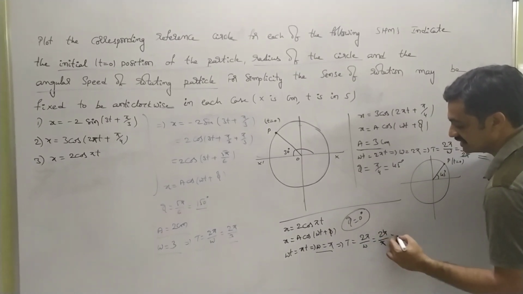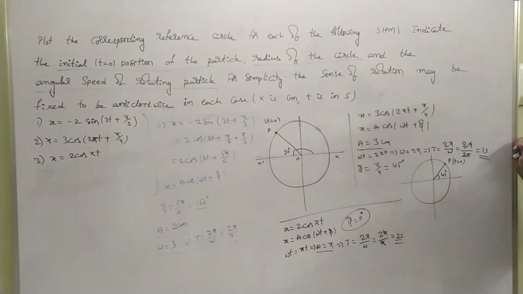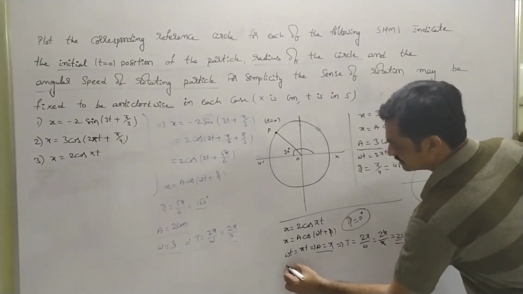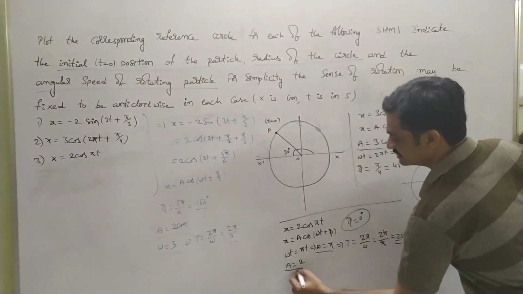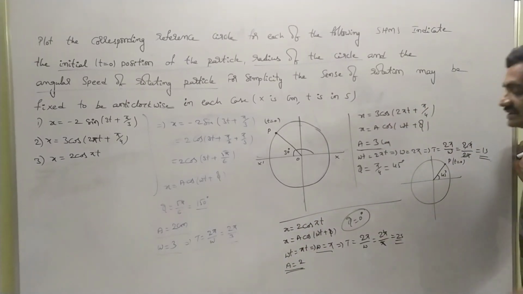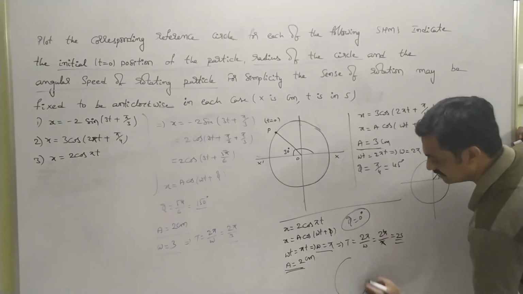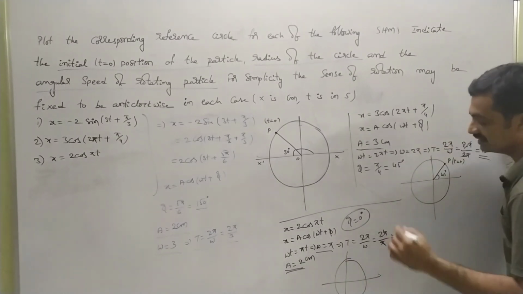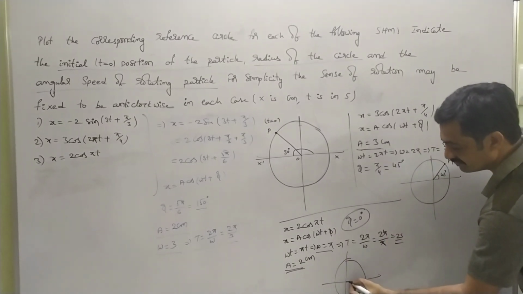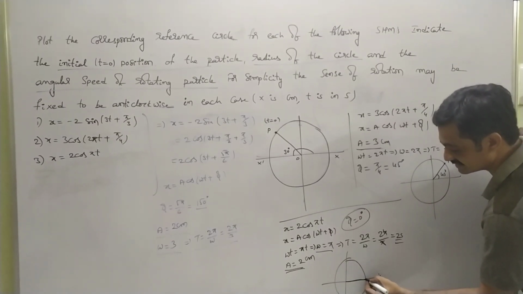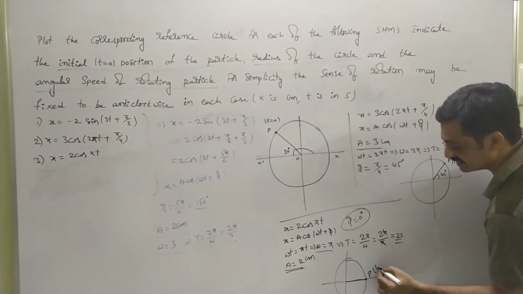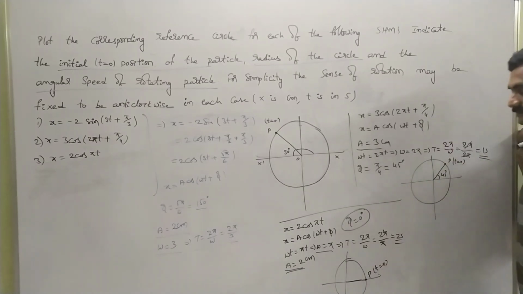Here pi gets cancelled and we get a time period of 2 seconds. The radius is nothing but the amplitude, A equals 2 centimeters. If we represent the phasor diagram for this, the particle will be along the x-axis at this position P at time t equals 0.